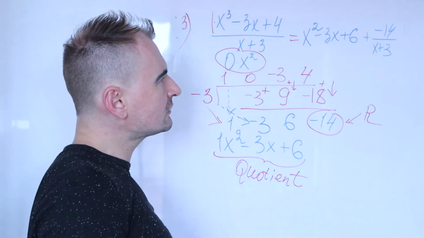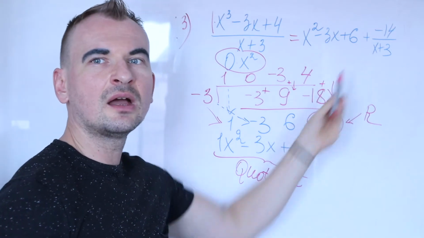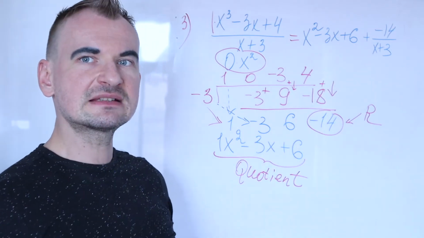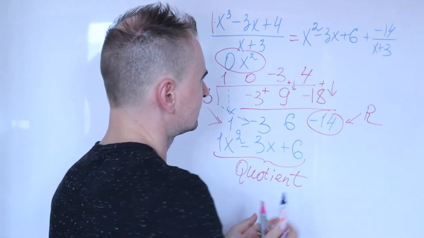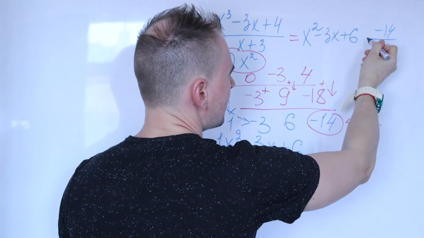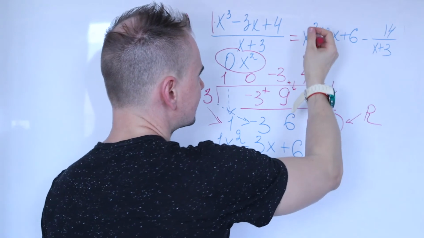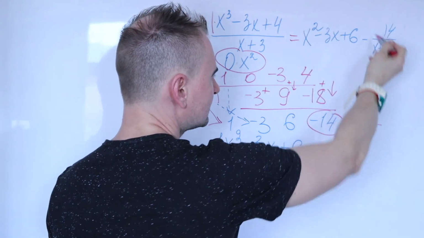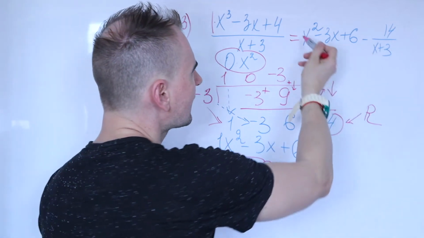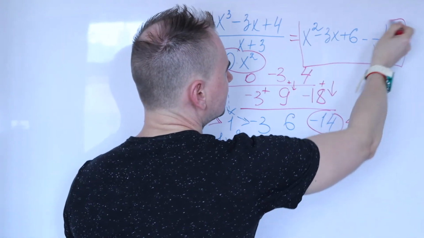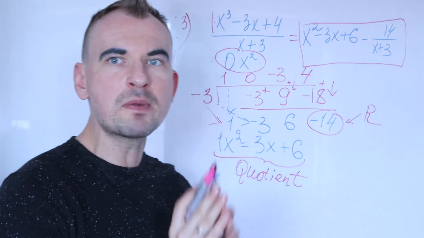One little remark, you could actually pull out this negative out front, it's okay. Even in the previous example, you could just pull it out there, but this way it's okay. So you could basically write it like minus here and just 14 there. It's precisely the same thing. So this is your quotient, the remainder on top and divisor on bottom. And this is basically my answer for that division problem.